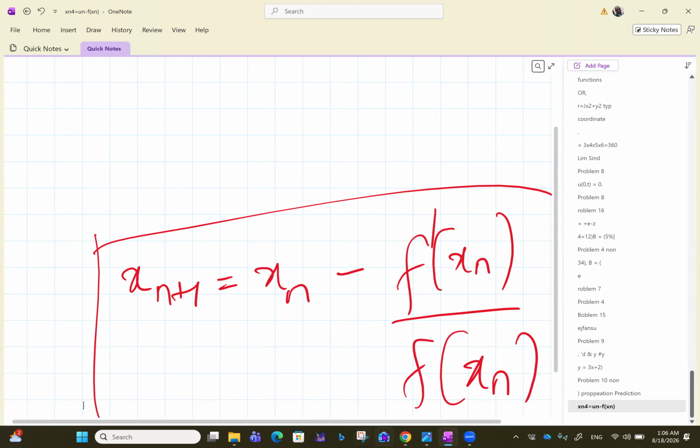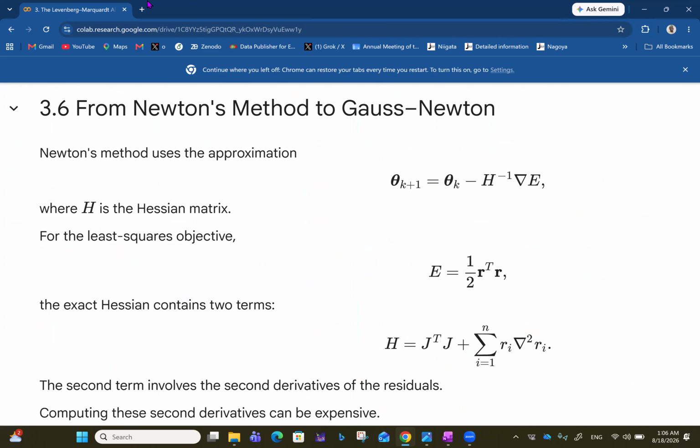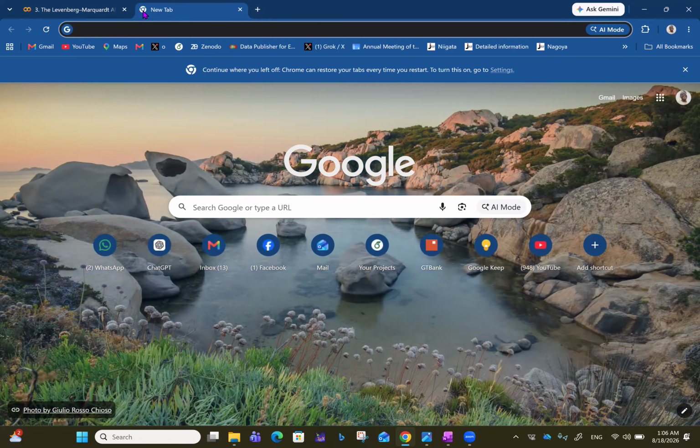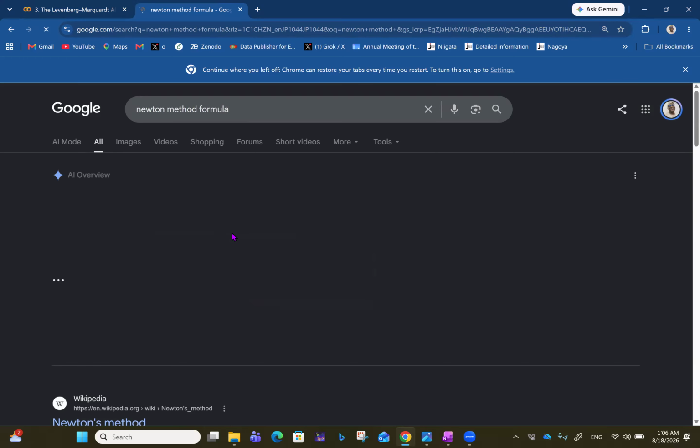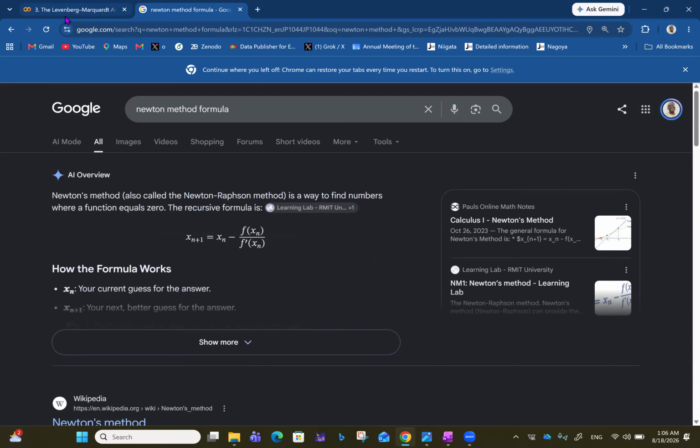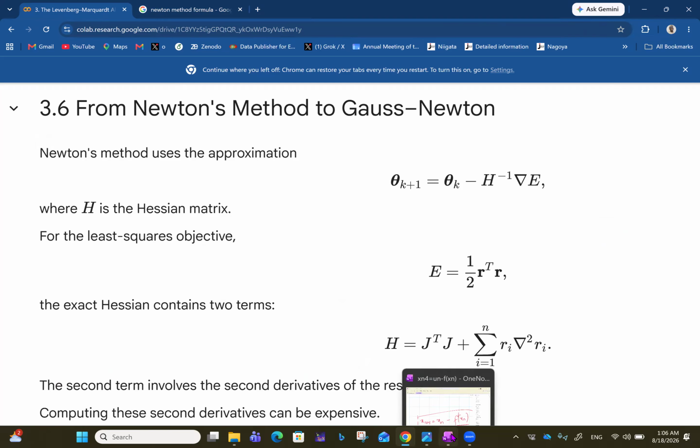Let me just confirm finally. Newton's method formula. Yeah, F prime is down. It was fine the first time.